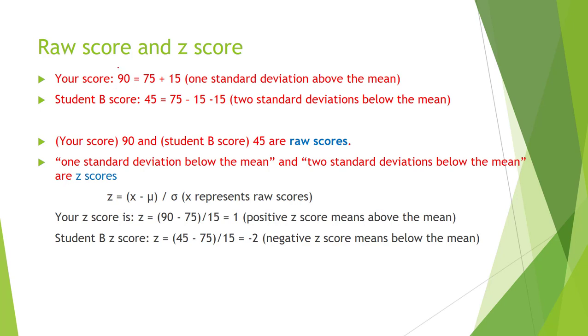Your score from the test is 90, and student B's score in this test is 45. 90 and 45 are the raw scores. Raw scores are the data you collected from your sample or from your participants.